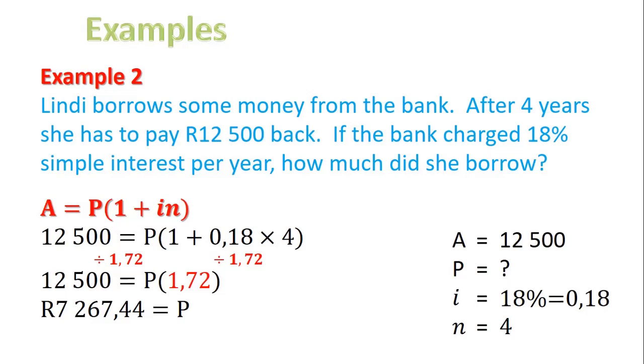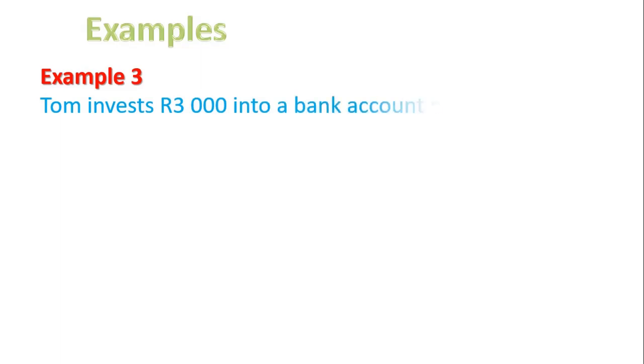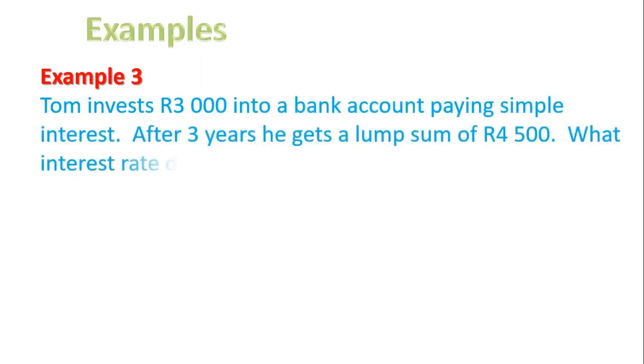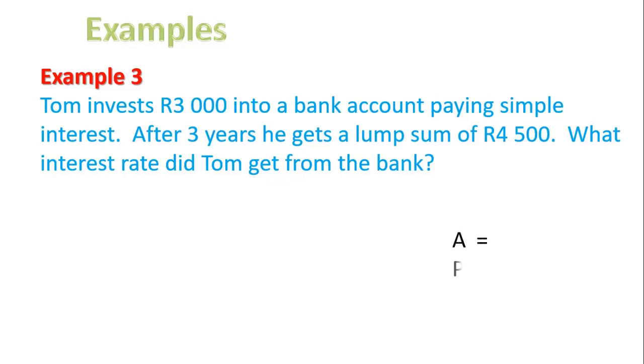Let's look at another example. Example 3. Tom invests 3,000 into a bank account paying simple interest. After 3 years he gets a lump sum of 4,500. What interest rate did Tom get from the bank? Okay, so we write down our 4 letters, A, P, I, and N, and now we go searching for them.